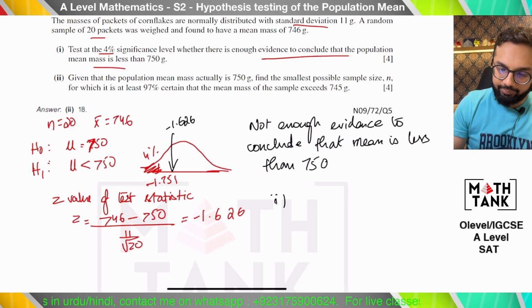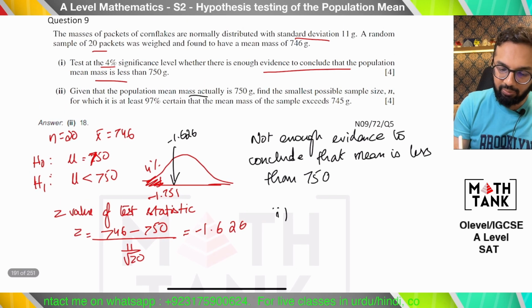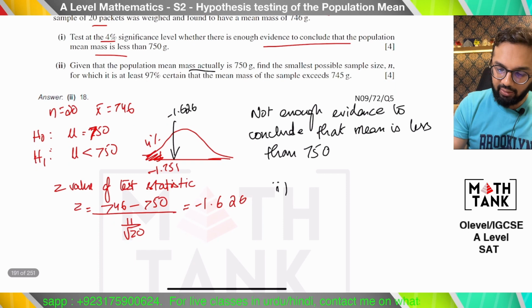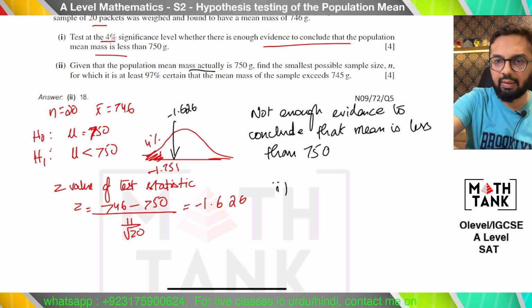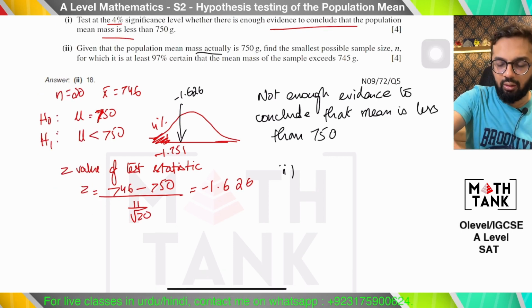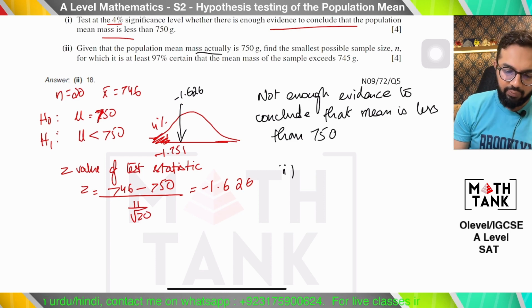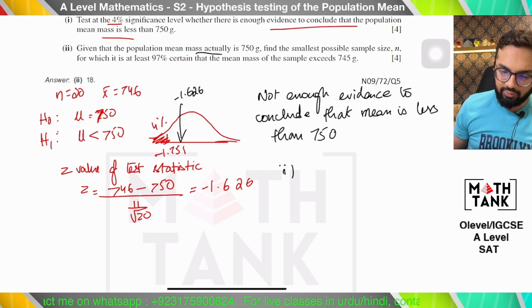Okay. Part 2, given that the population mean mass was actually 750 grams, find the smallest possible size n for which it is at least 97% certain that the mean mass of the sample exceeds 745. So in this case, the population mean mass is actually 750.